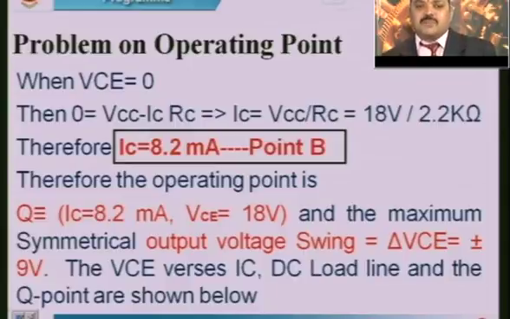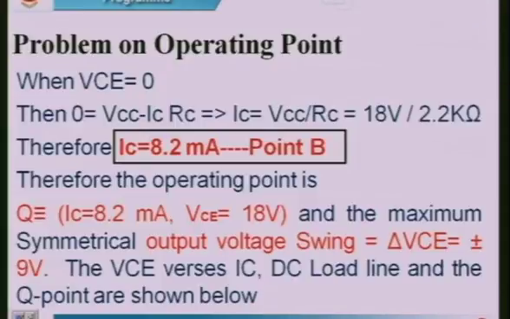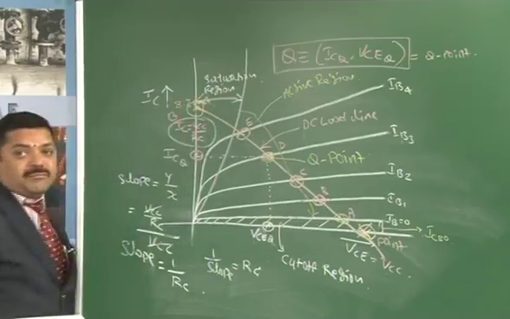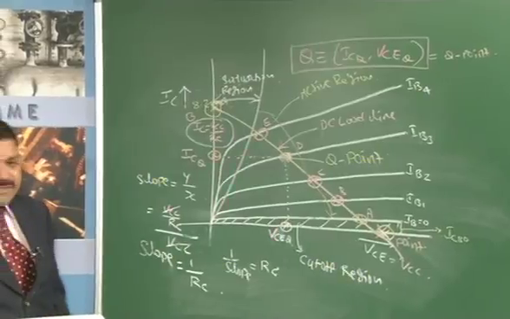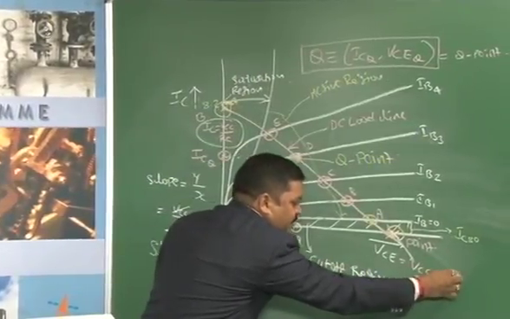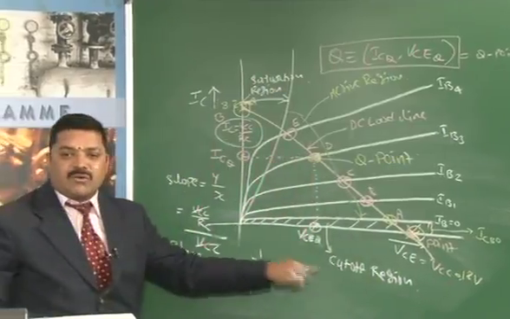So point B corresponds to 8.2 milliamps, which I am marking on the board. And then VCE will become 18 volts. This is VCE, which is equal to VCC, which will be 18 volts.